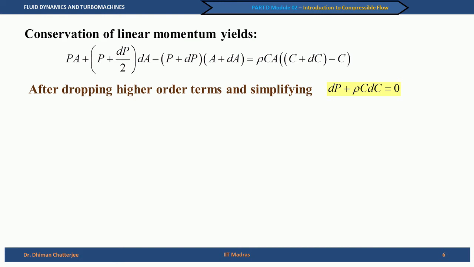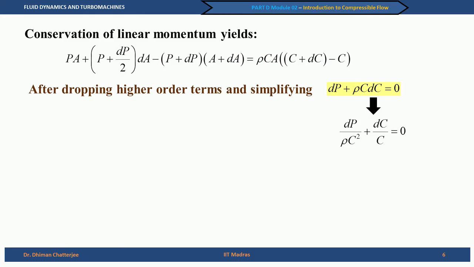This result is important, and we can rewrite this expression as d P by rho C square plus d C by C equal to 0. Why am I doing it? Because I have a term d C by C in the mass conservation, and I am trying to eliminate one of the terms.